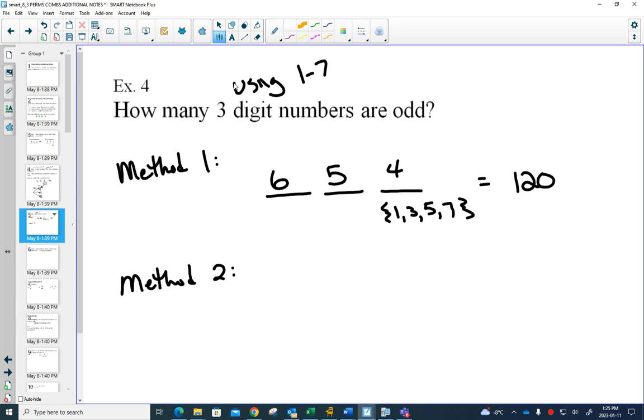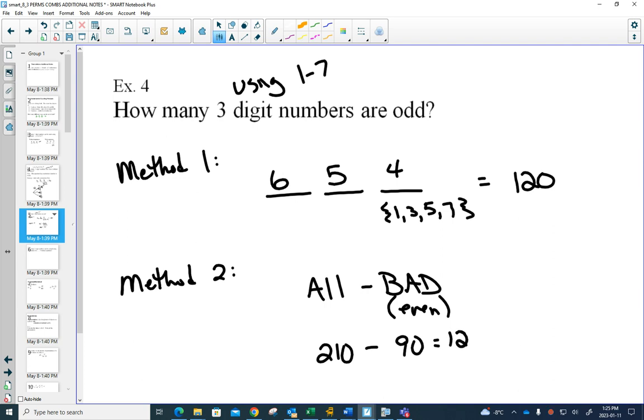The odd ones. So if I take all, and this strategy, I actually have a name for this strategy. I call it the not strategy, where you take all and subtract all the ones that are bad. In this case, the bad ones are the even ones. All was 210, even was 90. You would get 120 that way as well.